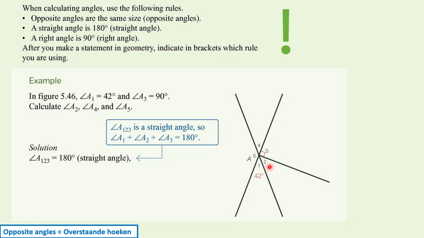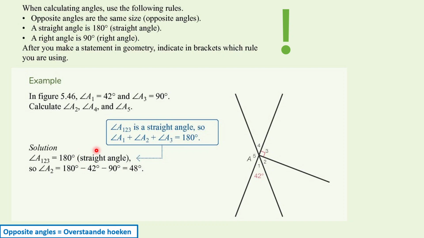That means that angle A2 must be the part that if I add everything up, it becomes 180. So I can calculate A2 by taking 180 minus 42 minus 90, so this is A1, this is A3, is 48 degrees. So angle A2 is 48 degrees.